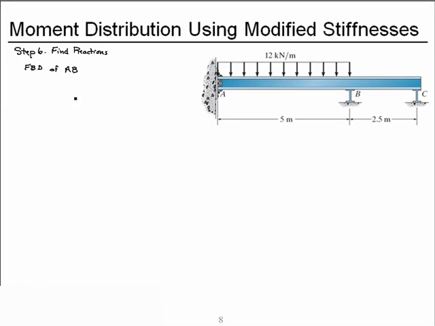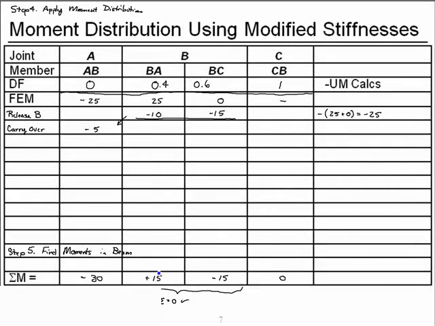Member AB, 5 meters long. There's unknown shear at node B, or just to the left of node B. There's the moment at the end, moment BA, which we found to be a positive 15 kilonewton meters.